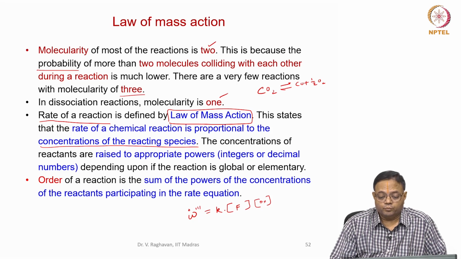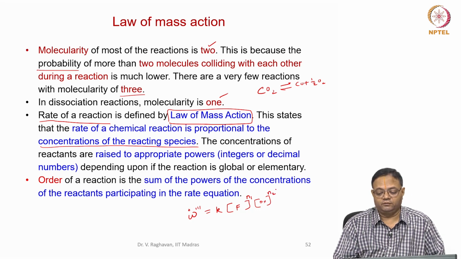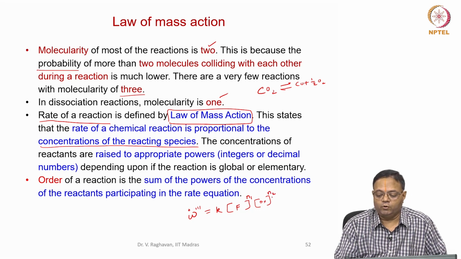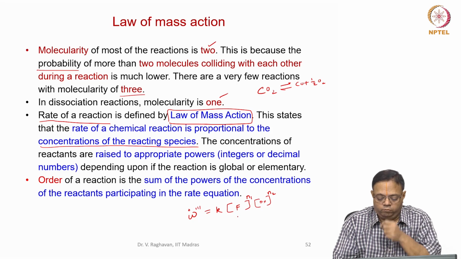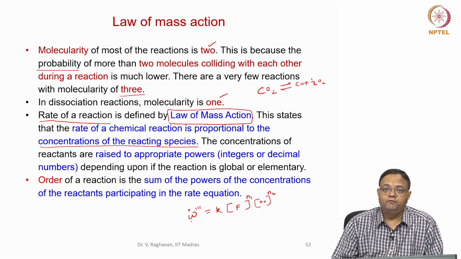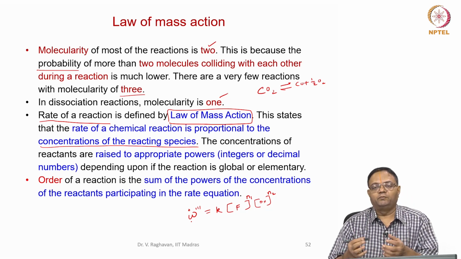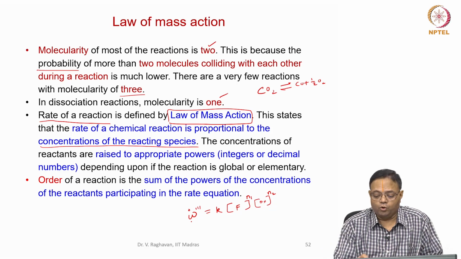Now, these concentrations have to be raised to appropriate powers. I have given N1 and N2 for example here. If the fuel concentration is higher, the reaction rate will be higher. When the oxygen concentration is higher, it will also be higher, but once the fuel and oxygen deplete, the reaction rate will go down.